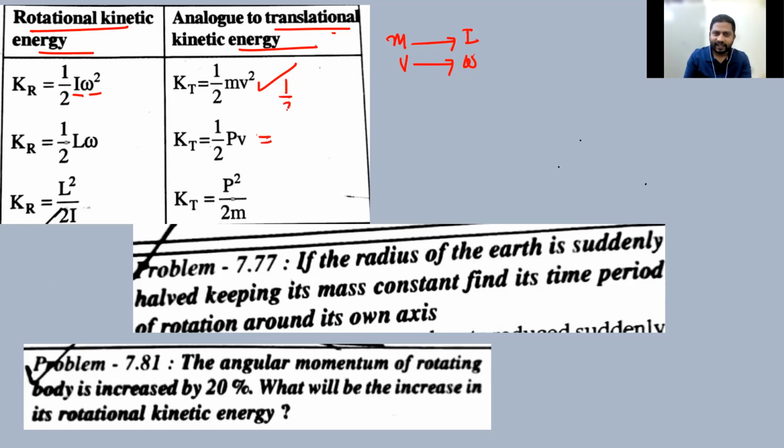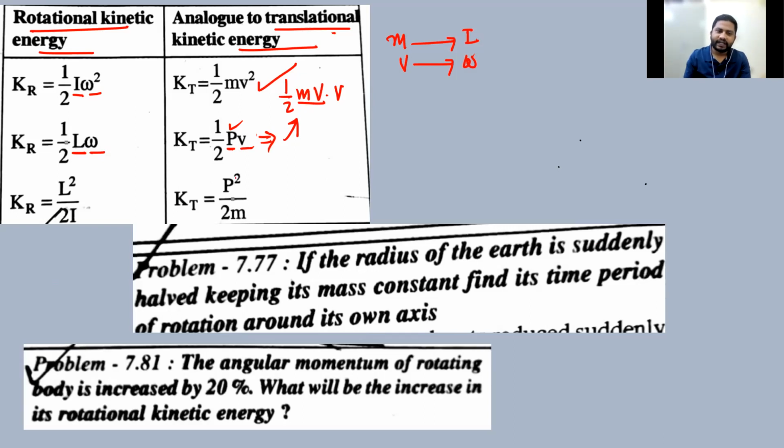This expression I can write as half into mass into velocity into velocity. This mass into velocity I can write as linear momentum into v. So from here you have got this. Here the linear momentum is replaced with angular momentum, L, and linear velocity is replaced with angular velocity, omega. Okay.